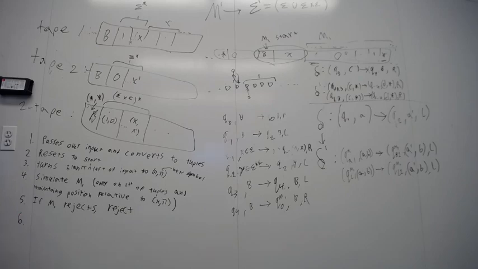But if M1 accepts, what do we do? Well, first of all, why have we maintained whether we're left or right of the input? So that we know to go the opposite direction.